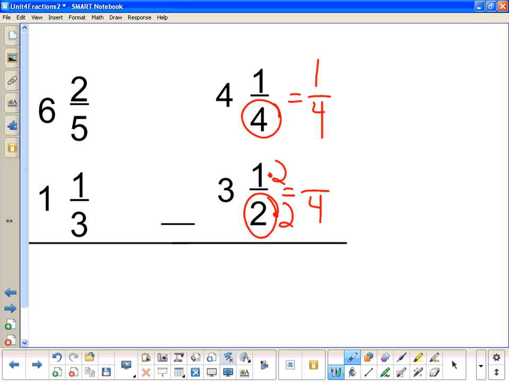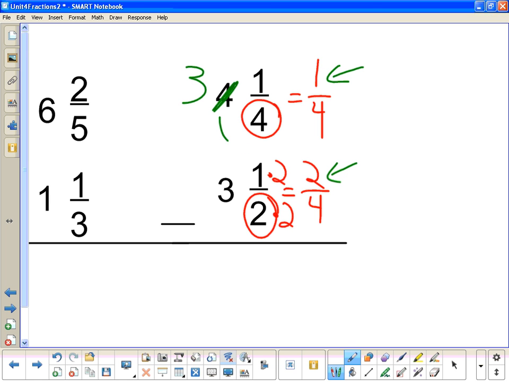So 1 times 2 gives me 2. Now you can see my top numerator is smaller than my bottom numerator. So I can't really do that without borrowing. This is where it comes in handy. So I'm going to cross out my 4, borrow 1 from there and make it a 3.